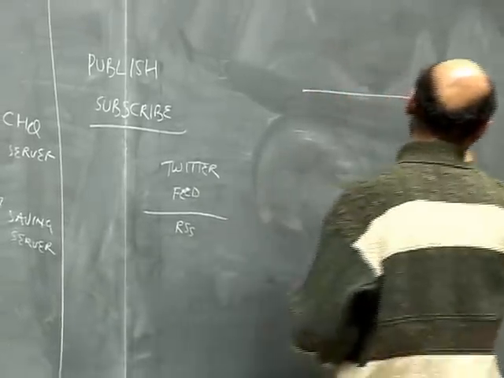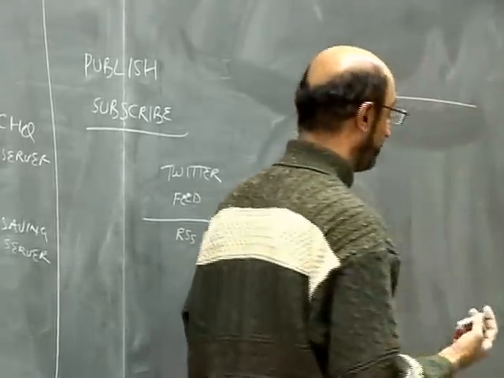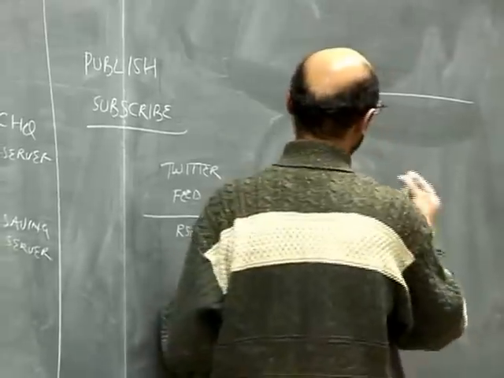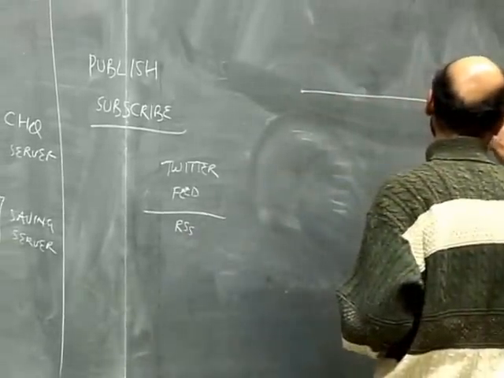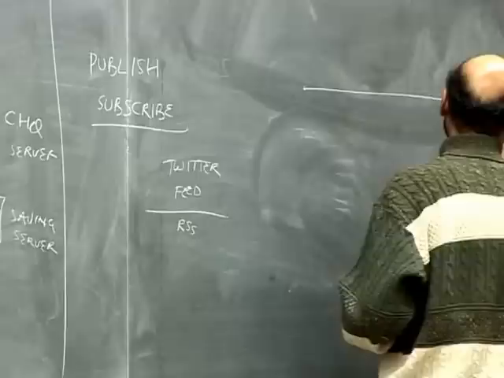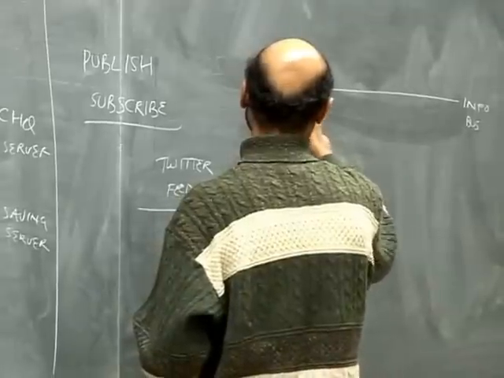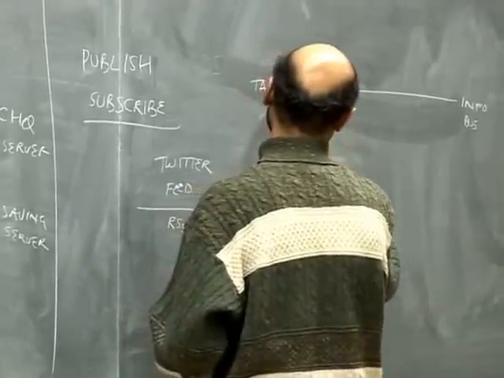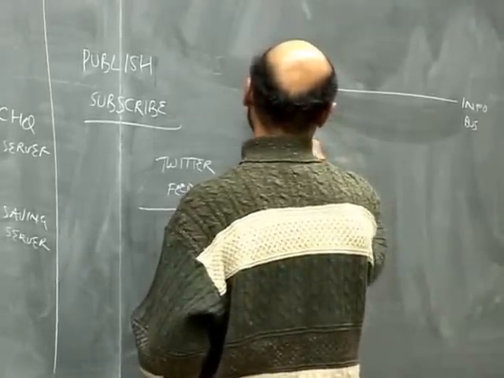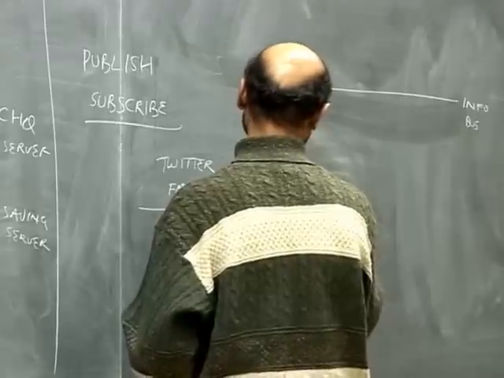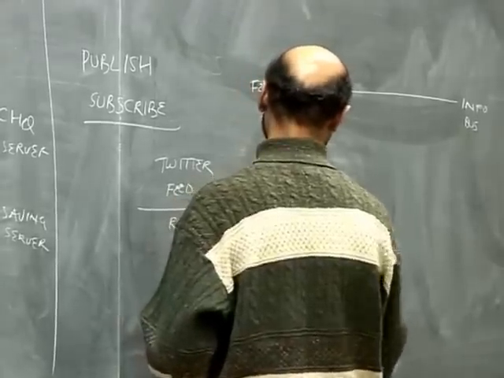There's actually many companies that give you systems like this. We call this the information bus. And this is the tag one bus, or feed one, maybe I should call it. And then you have feed two, and then feed three.